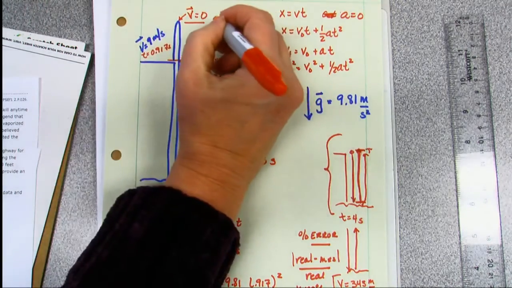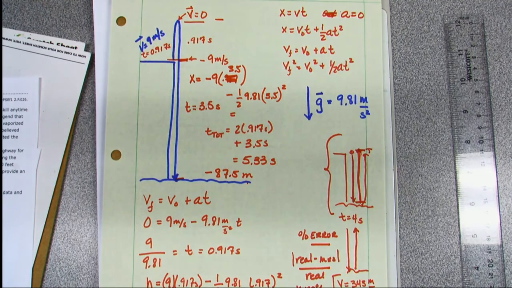So if we want to know the distance from here to there, the total distance is going to be 4.13 plus 87.5.